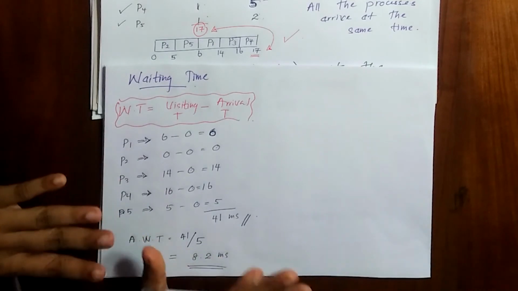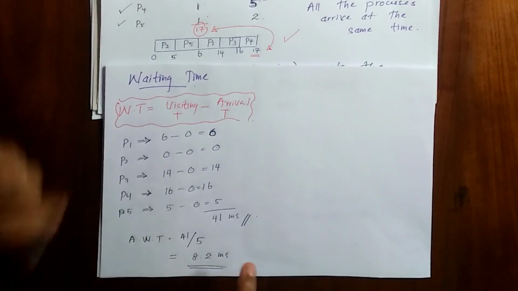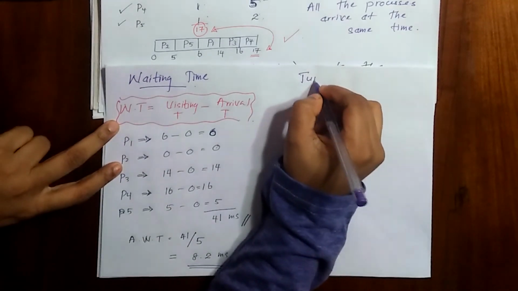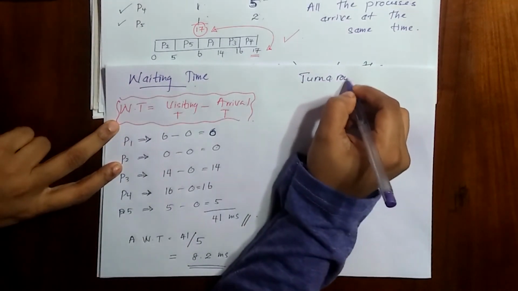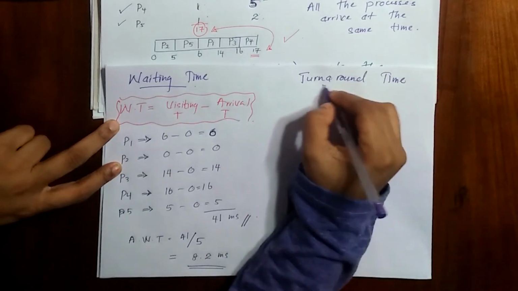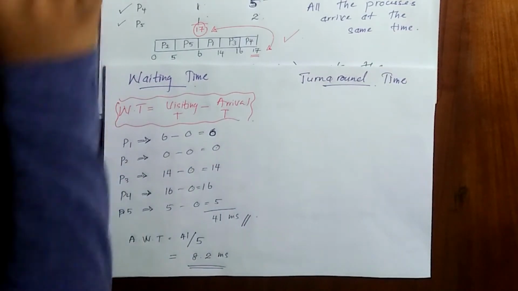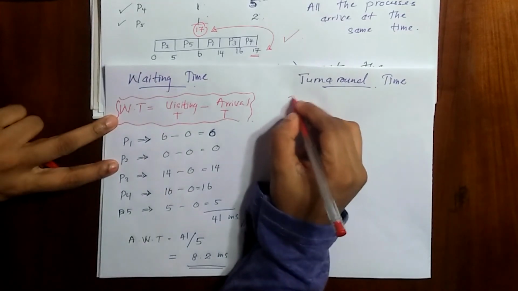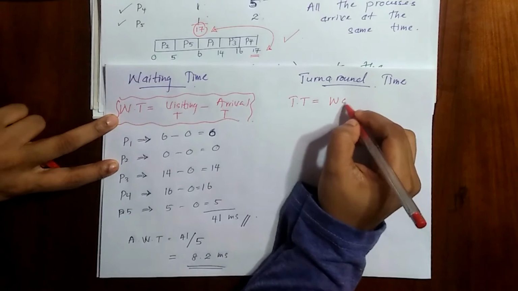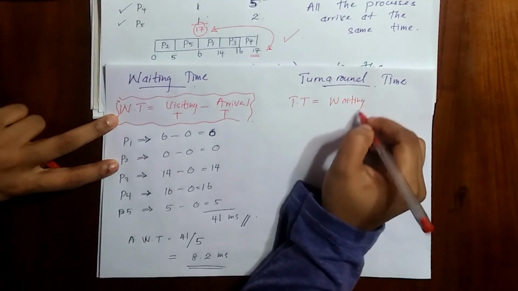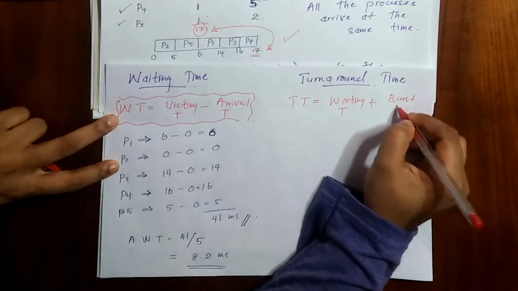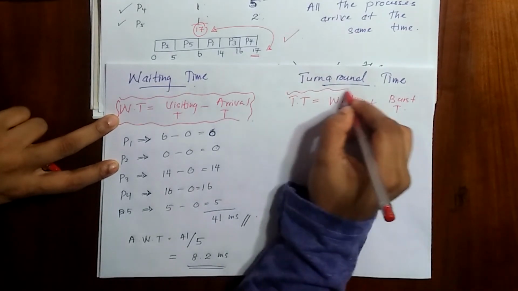So actually it is nothing to do here because the arrival time is 0. I hope you understood, and now let's move to turnaround time. Here also there's an equation which is turnaround time equals waiting time plus the burst time, right?